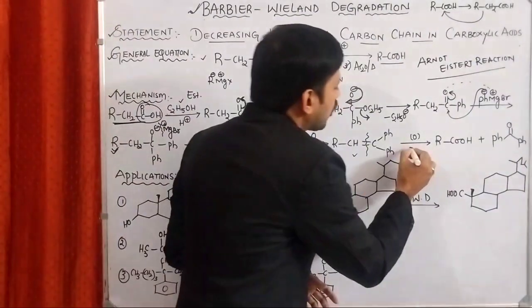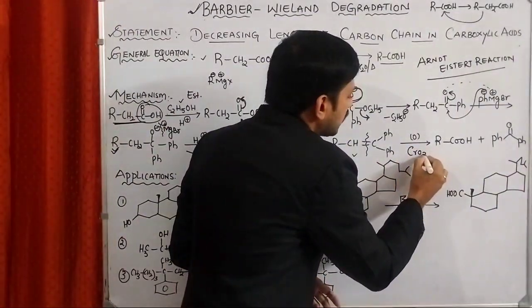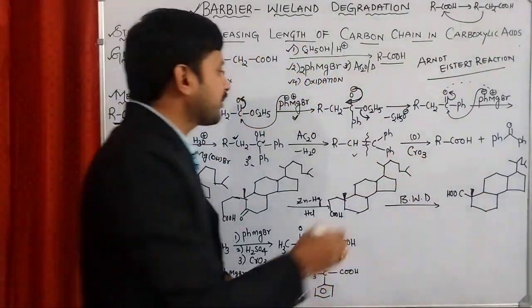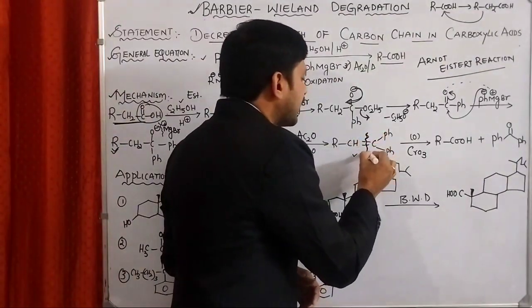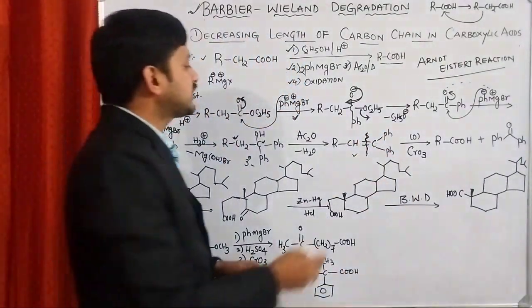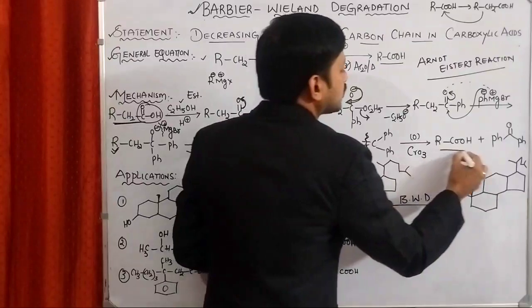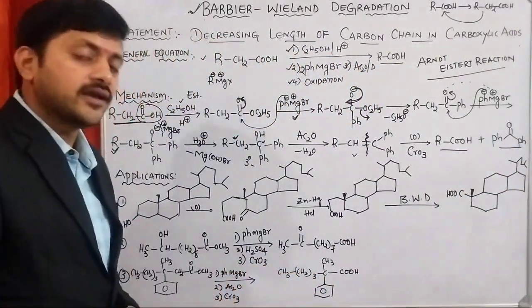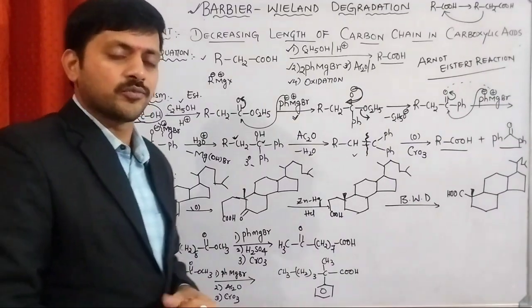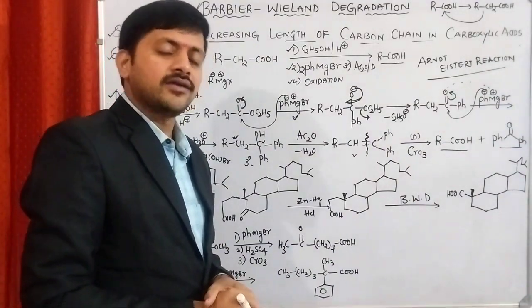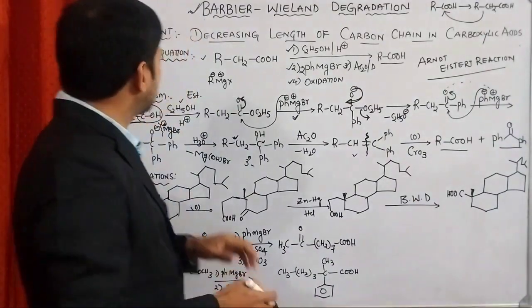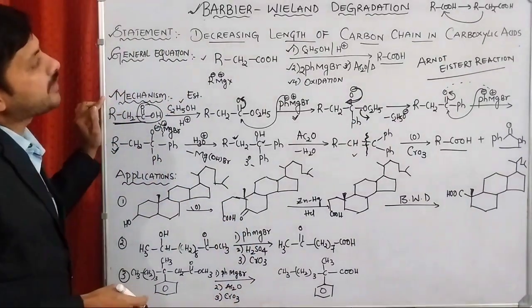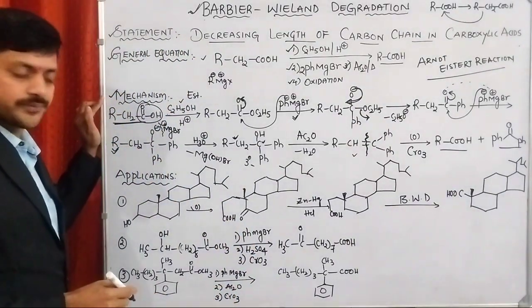You can use any one, for example chromium trioxide. The oxidation takes place at this pi bond, so this can be converted into a carboxylic acid and the corresponding ketone. In this way, we can decrease the length of the carboxylic acid by 1 CH2 unit. This is the mechanism of Barbier Wieland degradation.